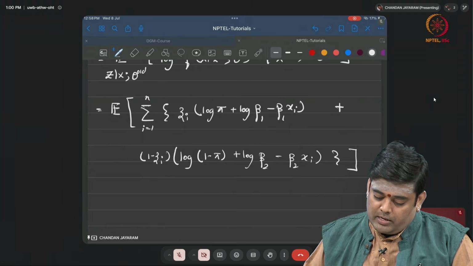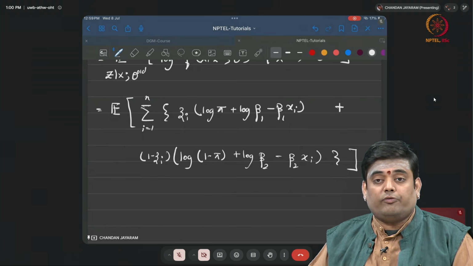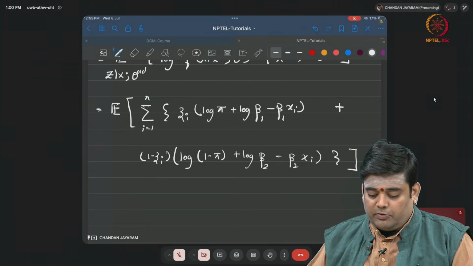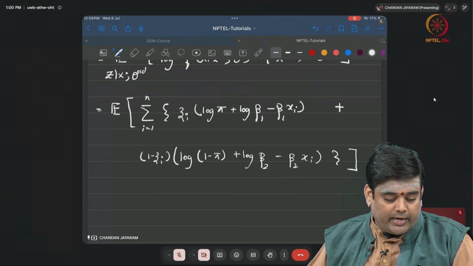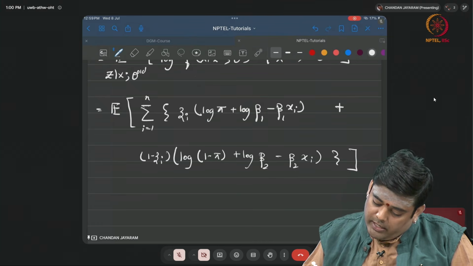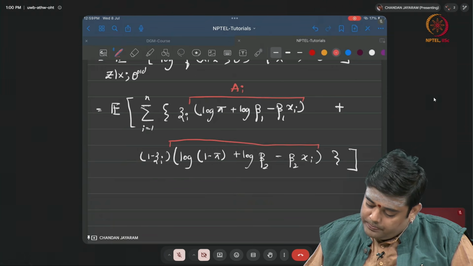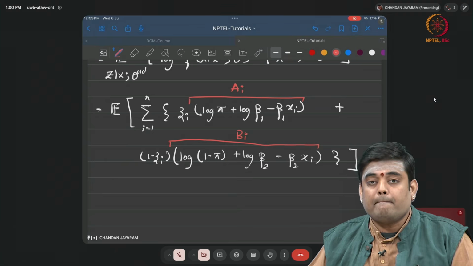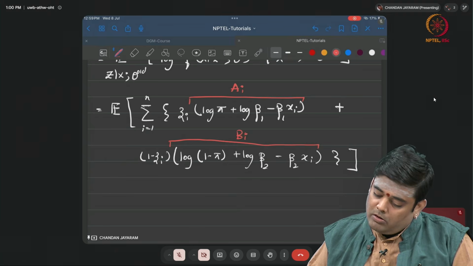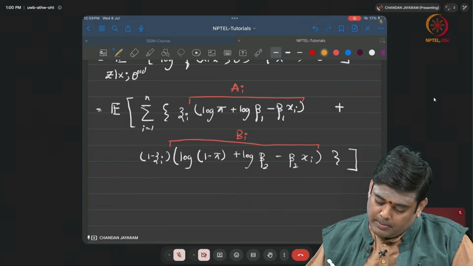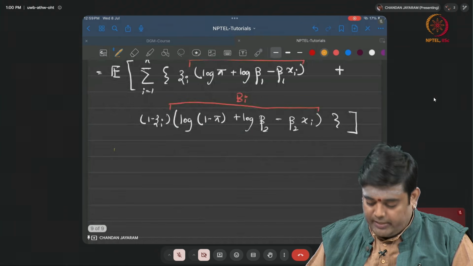Okay. And this is using the rules of expectation. So expectation of summations, you can take the expectation inside each one of them. So what I will do is I will term this whole thing as ai and I will term this whole thing as bi.